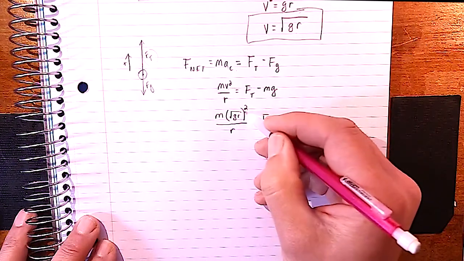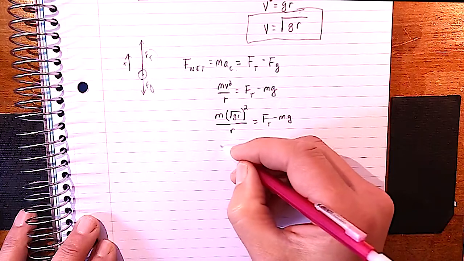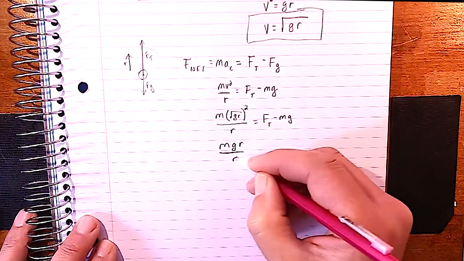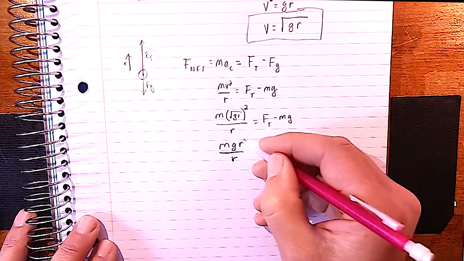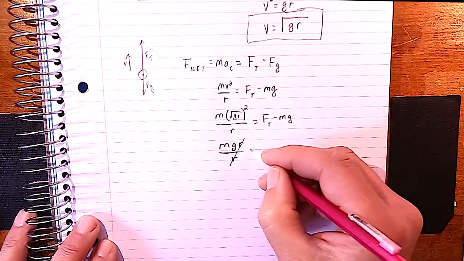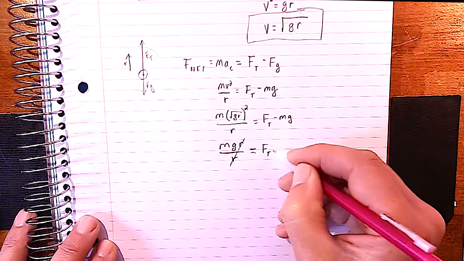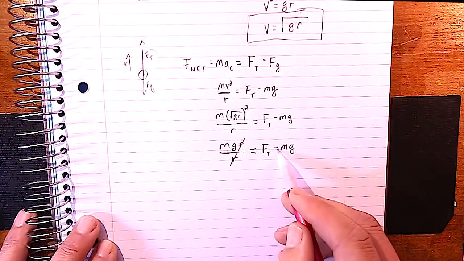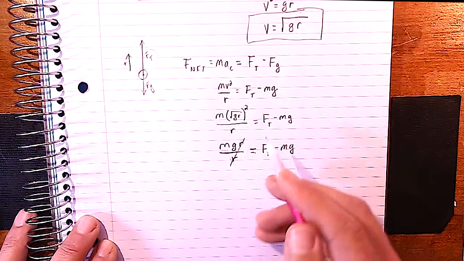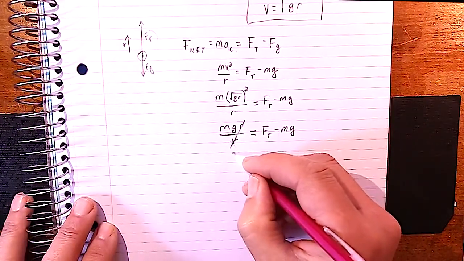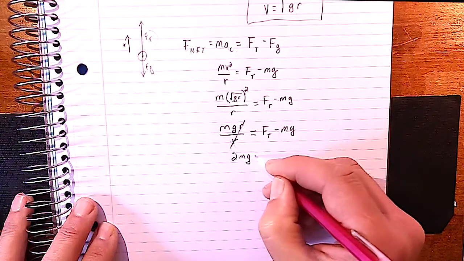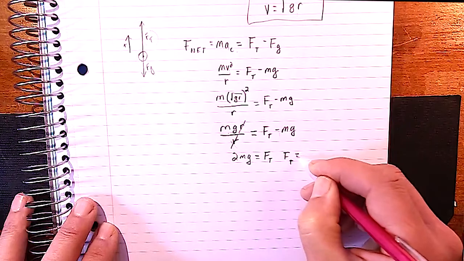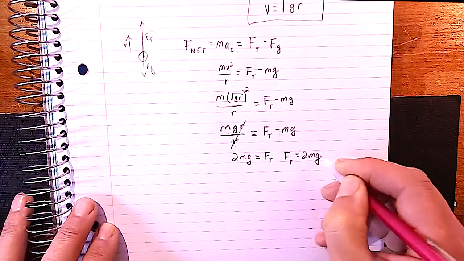Well, a square root squared is just going to be itself, so that's going to be mgr over r. And we have an r on the top and the bottom, so those will cancel, equals ft minus mg. So we have mg on this side. We're going to add another mg to the other side, so that's going to make that become 2mg equals ft, or rearranging it, the force of tension is going to be 2 times the weight.